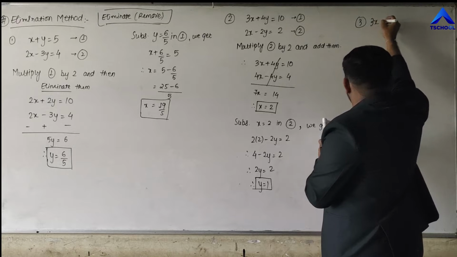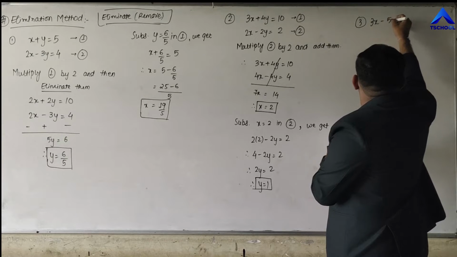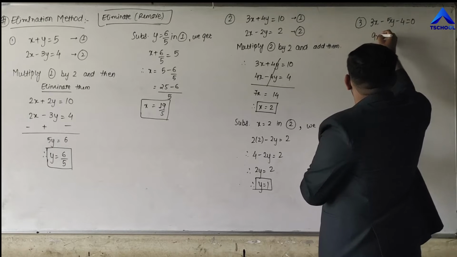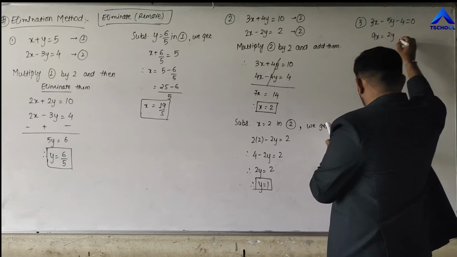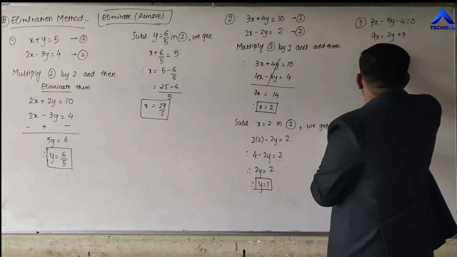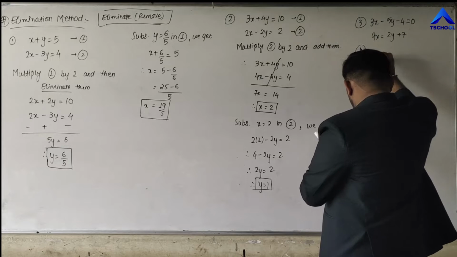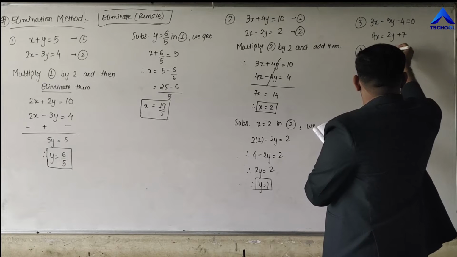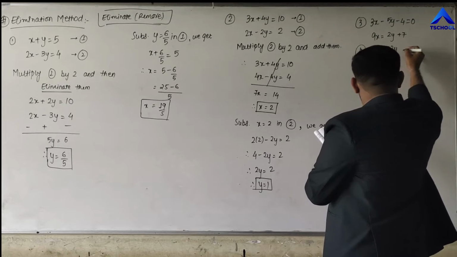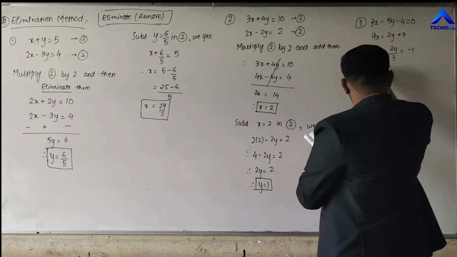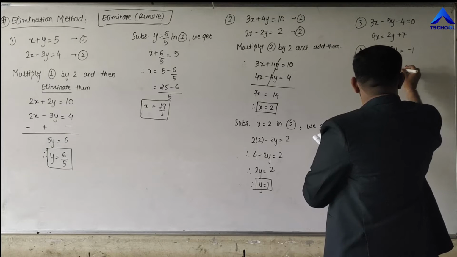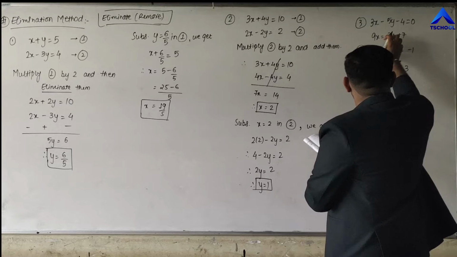That is 3x minus 5y minus 4 equal to 0 and 9x is equal to 2y plus 7. And the fourth one is x by 2 plus 2y by 3 is equal to minus 1 and x minus y by 3 is equal to 3. Right.